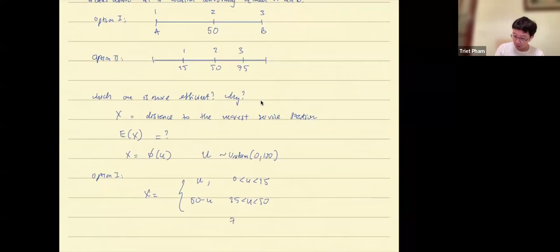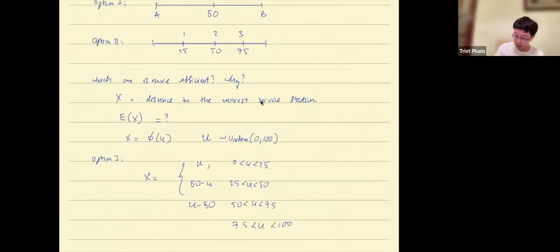Between 50 and 75, the mid is still the closest, but now it's u minus 50. And finally, between 75 and 100, the station at B is closest.